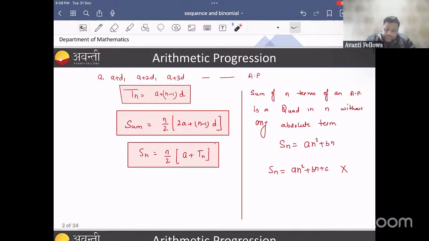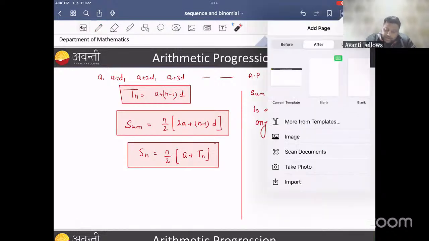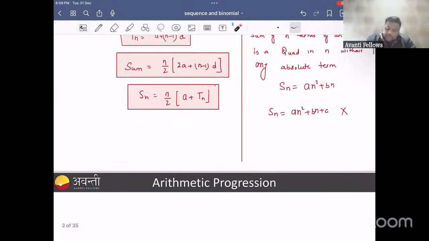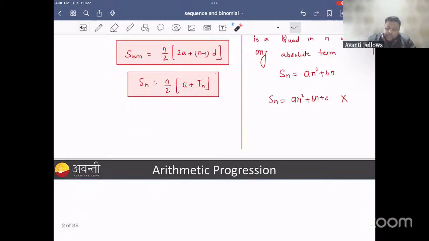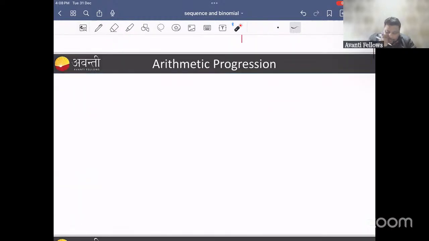So this is the formula for the sum of n terms of an AP, the nth term of an AP, and how a quadratic can be the sum of an AP. Now, a few more things I'll mention. Sigma n, that is 1 plus 2 plus 3 up to n.